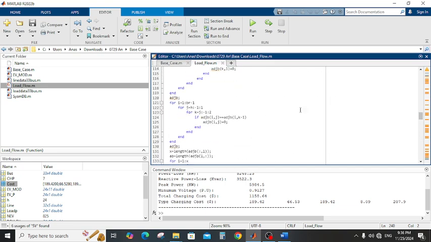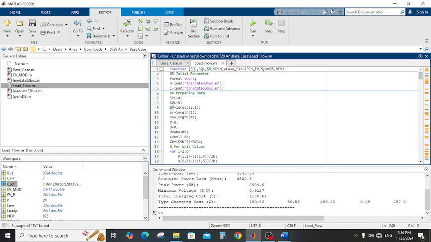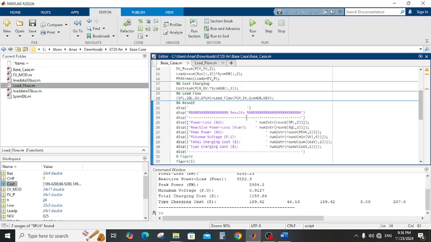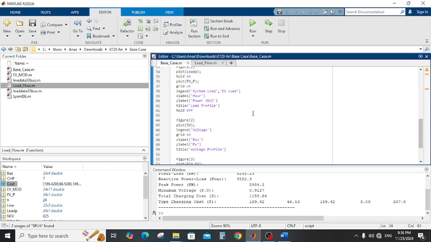After we finish that, we output, as we mentioned and explained before, the real power, reactive power, and power loss at each hour, printed in our results, and also print figures for voltage and other things. That's it, the code explanation for the base case.